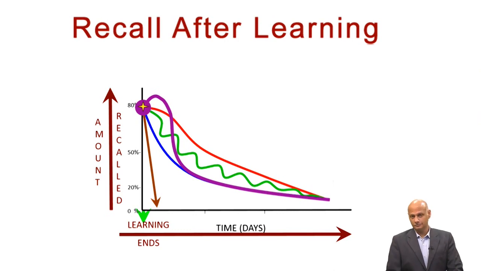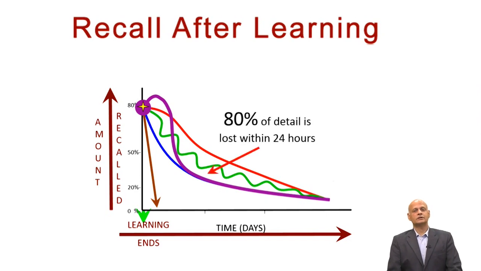But the one in purple is actually the way the brain remembers things. Looking at that graph, can you take a guess in terms of percentage? How much do you forget in what time? Well, 80% of the details are lost in the first 24 hours.